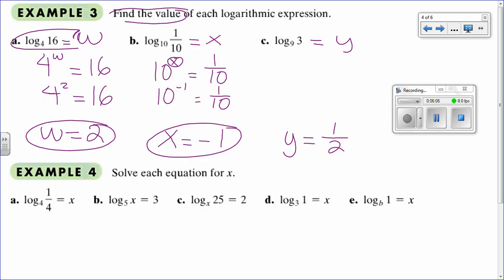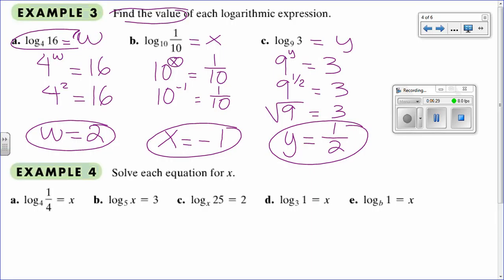What operation are you doing with the 9 right there? You're taking the what of 9? Very good, the square root. So 9 to the power y is equal to 3. What Devin was doing in her head was this: 1/2, because she was taking the square root of 9, which is 3. So that will be 1/2. So those are the 3 answers.